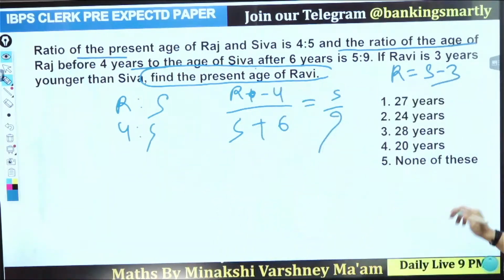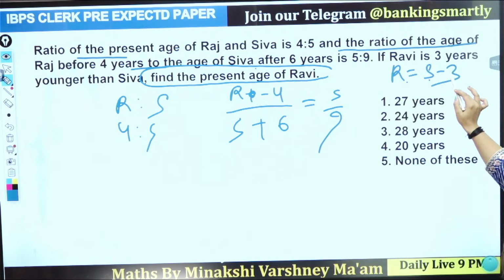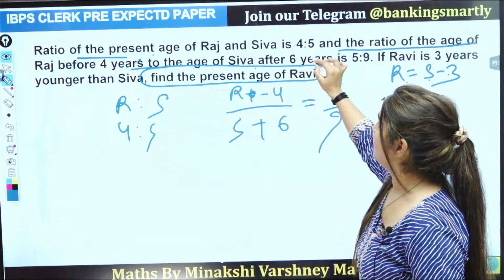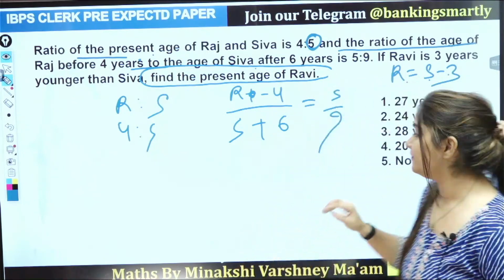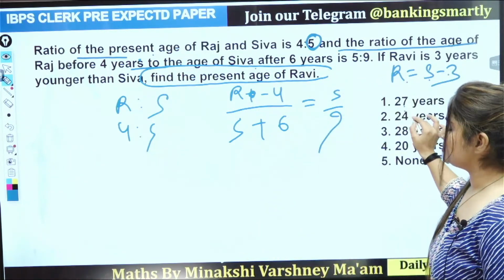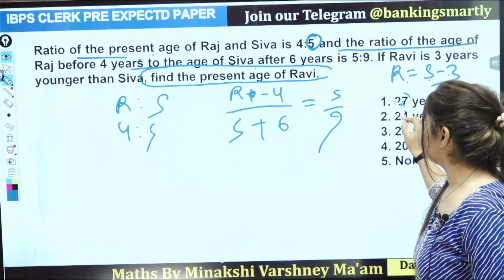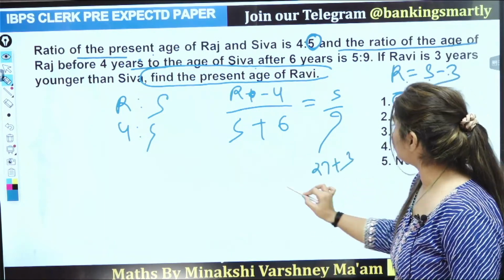If Ravi is 3 years younger than Shiva, and the present ages of Raj and Shiva are given, then Shiva's age is a multiple of 5. Taking the first option, 27 plus 3, because this is Ravi's age, 27 plus 3 would be Shiva's age.